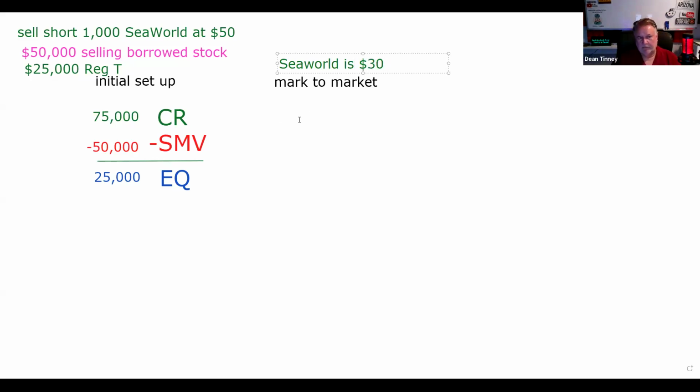And now I'm going to do my mark to market. So we still have $75,000 in our account. We now, if we went into the open market, bought back the borrowed stock, gave it back to the person we borrowed it from, it would only cost us $30,000.